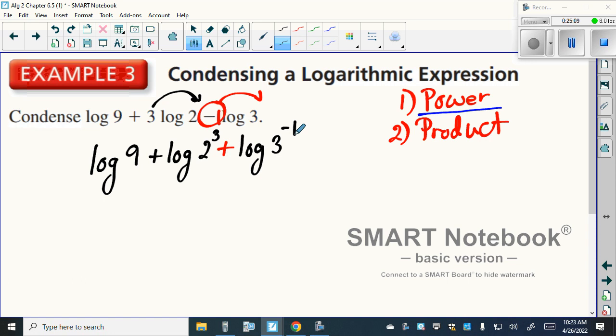So we finished the power rule, yes? The next one is product. Any logs that are added together can be rewritten as one where they're being multiplied together. So even though we have three of them all being added, we can rewrite it as the log of 9 times 2 to the third times 3 to the negative 1.